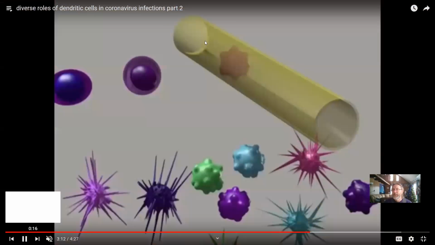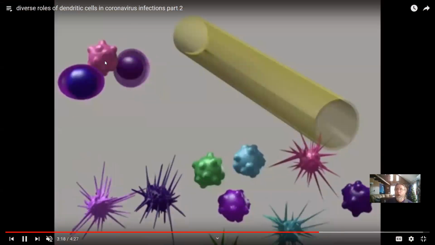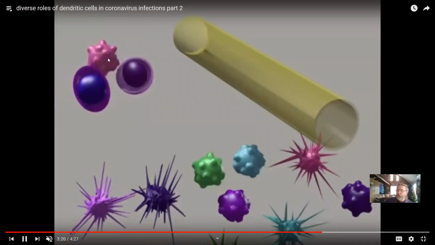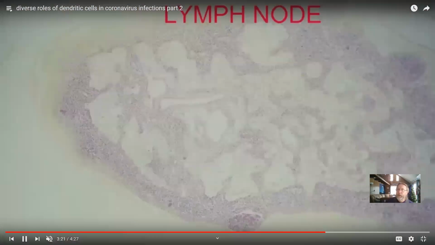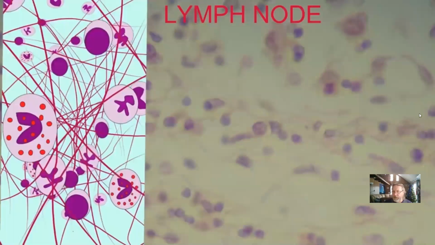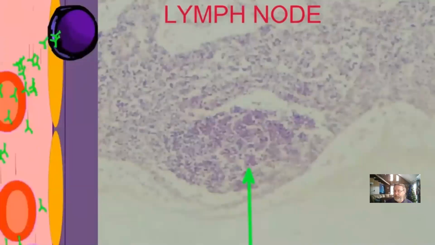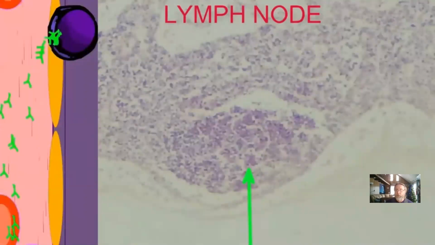So here is a dendritic cell precursor traveling to a lymph node, where it now gets to teach the lymphocytes, hey, here's an infectious agent in the lungs, we need to start our response to it. That actually may be key in why the vaccines have proven so successful so far.